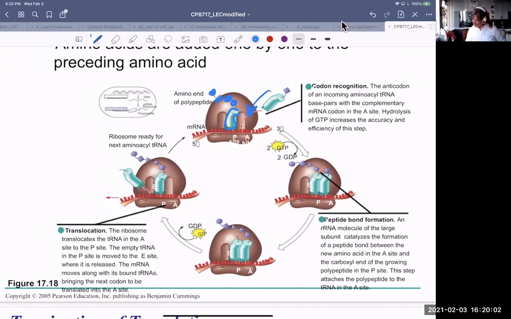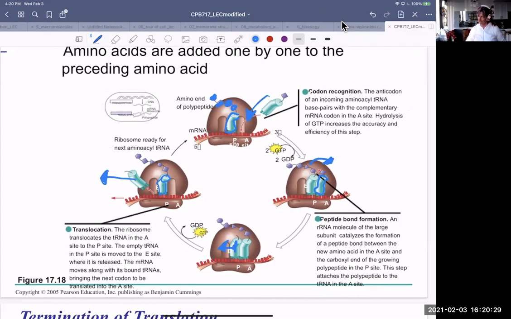Here comes a new one, new tRNA. It sets up right beside it, and that's handy. So the growing polypeptide chain gets transferred over to the new one. This one then moves over to the exit. As this one exits, the one that just landed, well, it can move over.